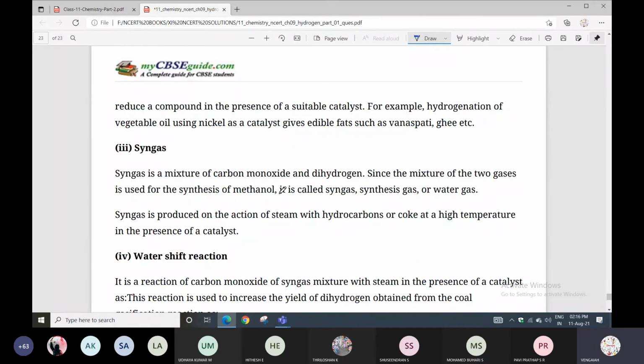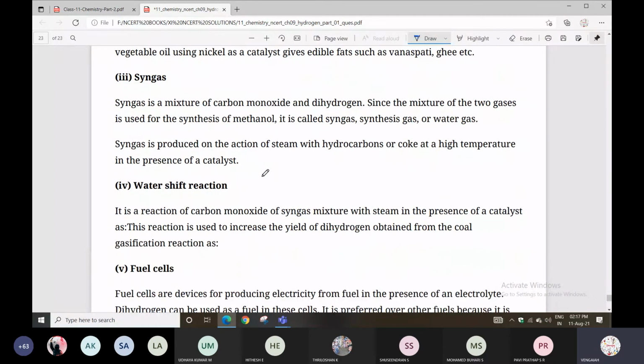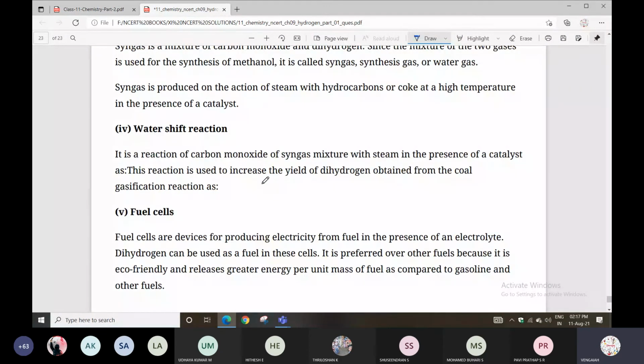Syngas is produced by the action of steam on hydrocarbons or coke at high temperature in the presence of a catalyst. Next one is the water gas shift reaction. It is the reaction of carbon monoxide of the syngas mixture with steam in the presence of a catalyst.